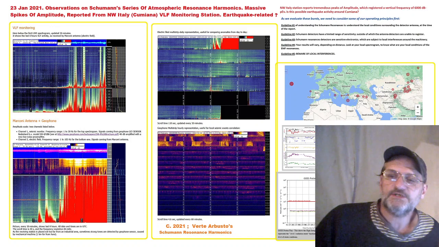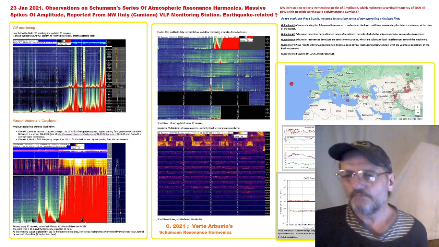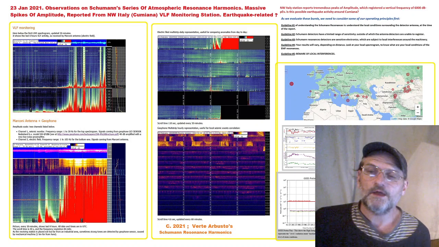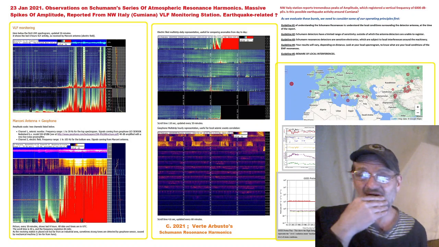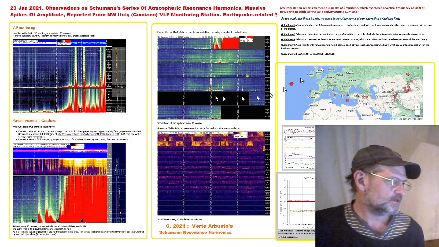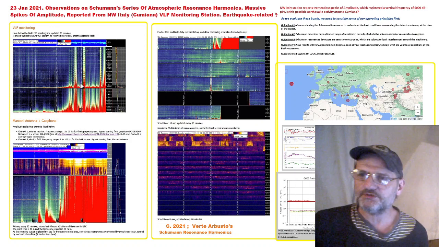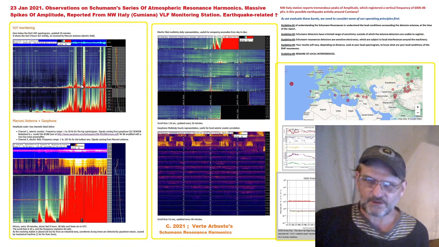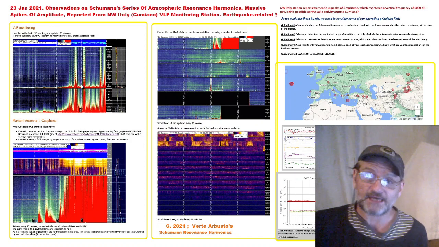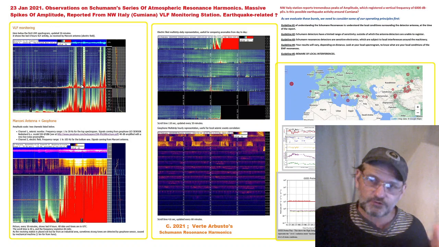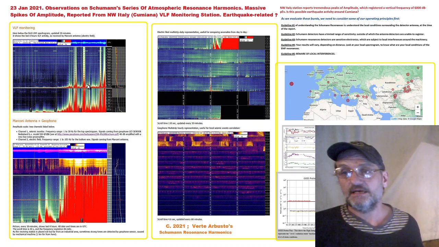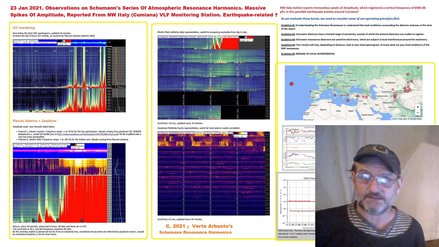Let me just say, for the sake of clarity, when the majority of people talk about these bursts of amplitude, they refer to them frequently in hertz. That is not correct, because hertz is a cycle per second. These are faster than a second, largely.